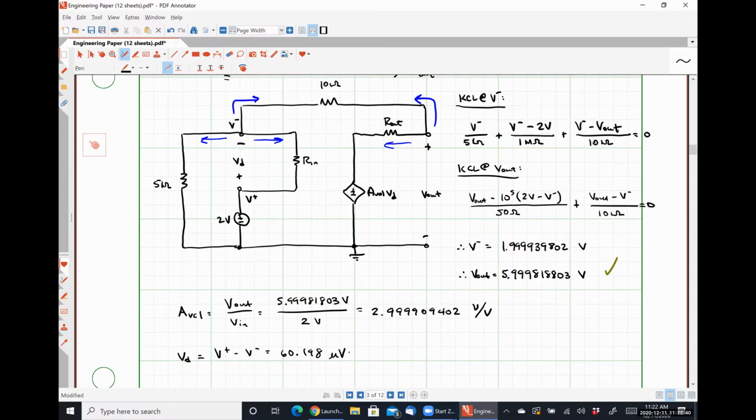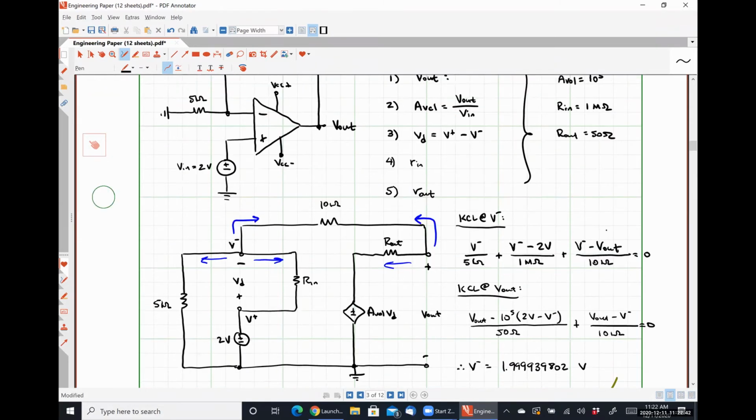All right, so the next thing that we need to determine is the input resistance seen by our input voltage source. And so I would argue successfully that we can use effectively Ohm's law here, okay?